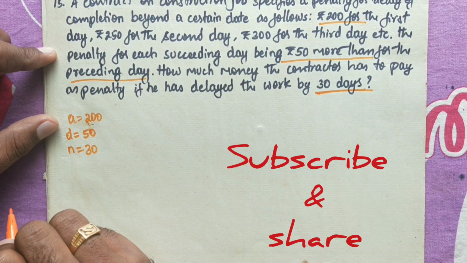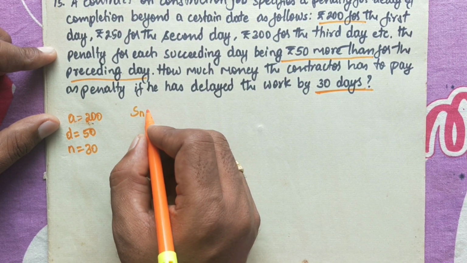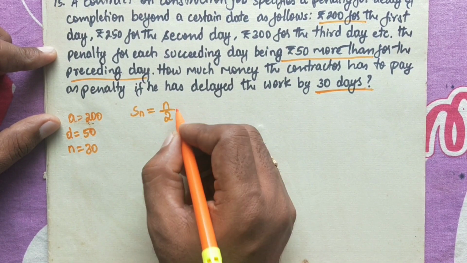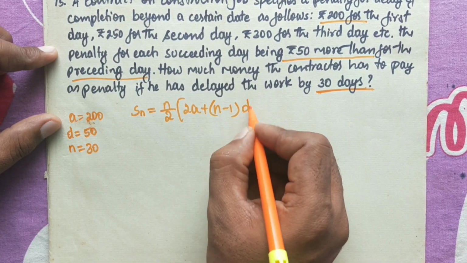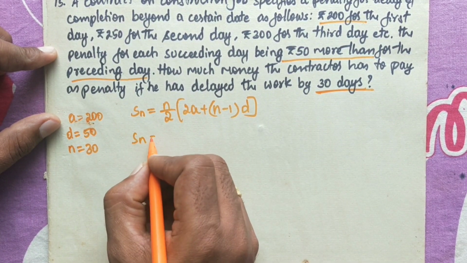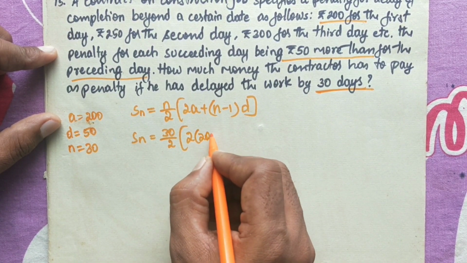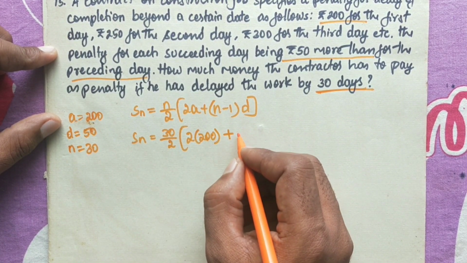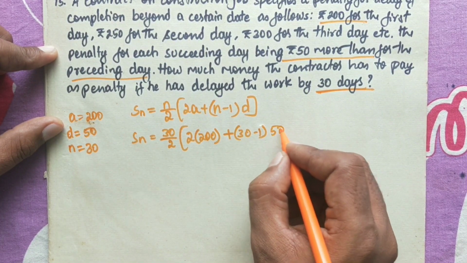So the formula is the sum of n terms, Sn is equal to n by 2 into 2a plus n minus 1 into d. Sn is equal to 30 by 2, 2 into a is 200, plus n once again 30 minus 1 into d is 50.